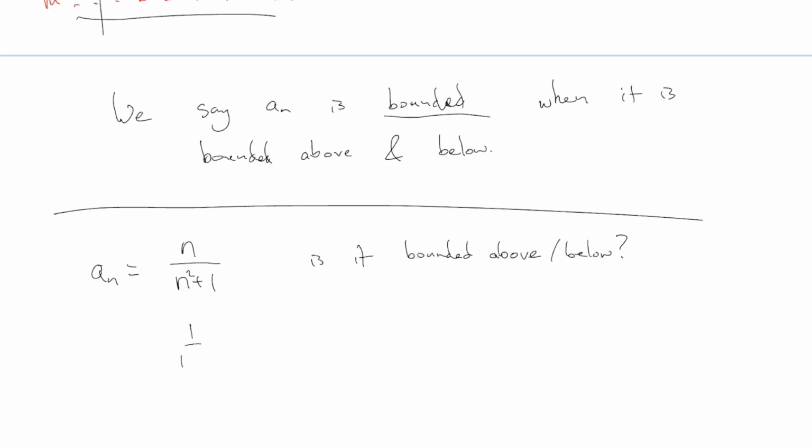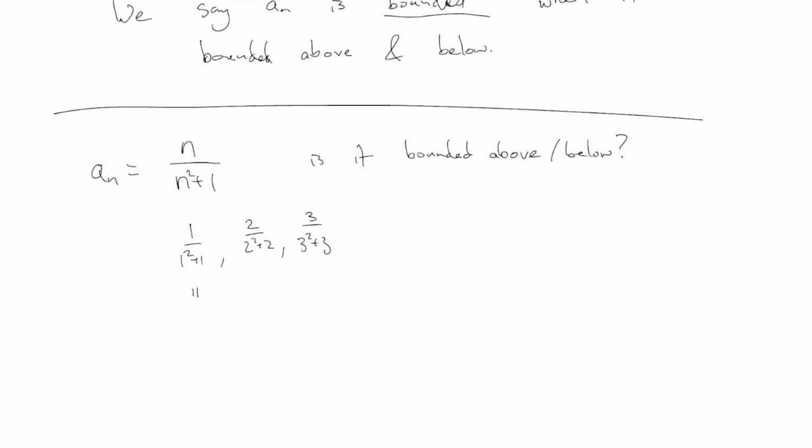It looks like 1 over 1 squared plus 1, and then 2 over 2 squared plus 2, 3 over 3 squared plus 3, etc. If I were to simplify, just because I want to get some kind of feel for what these look like. The first one, I guess, says 1 over 2. The next one would be 2 over 4 plus 2, 2 over 6. The next one would be 3 over 3 squared plus 3 in the bottom. That's 9 plus 3 is 12. It's 3 over 12. That's a half, of course. That's 1/3. That's 1/4.